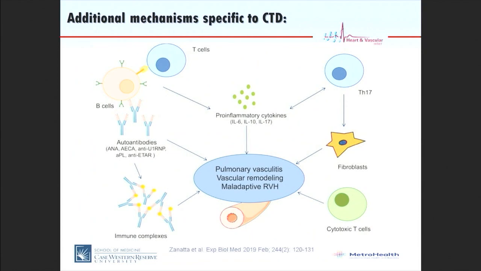There are some added insults to the pulmonary vascular bed in connective tissue disease patients due to inflammation. And you can see here cellular inflammation, immune complex mediated, and cytotoxic. At the end of the day, you have pulmonary vasculitis and vascular remodeling leading to RV failure.